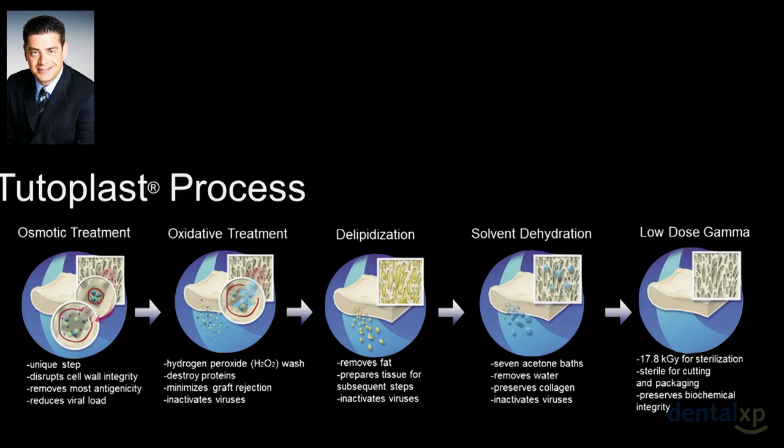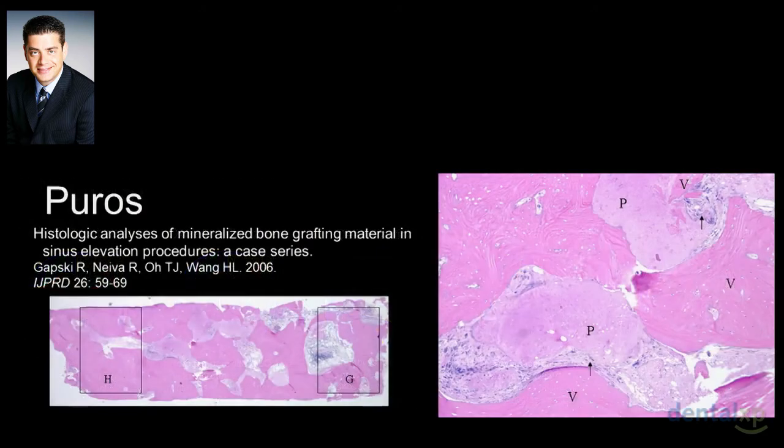So the preservation of that really allows for a more uniform or faster activity of those cells that need to grow into the defect. This is just some early histology that we published in 2006 that really shows the faster turnover of these particles and the very close communication between host bone and those particles.